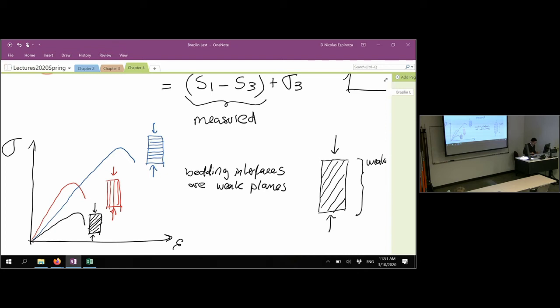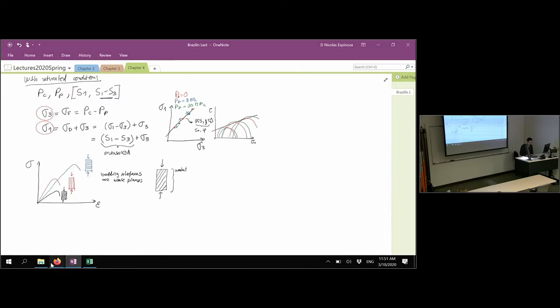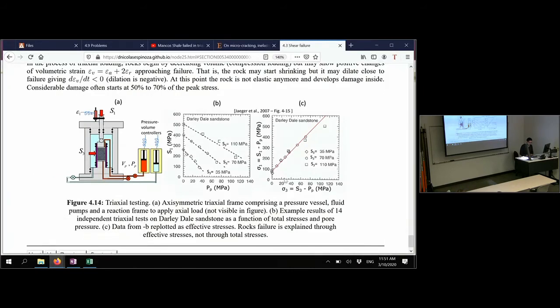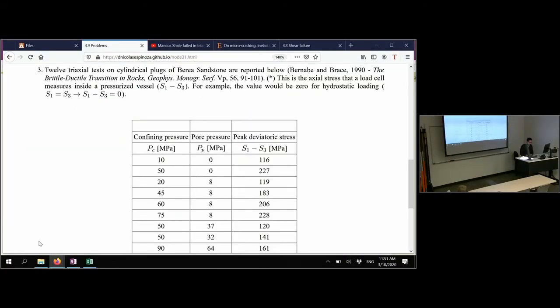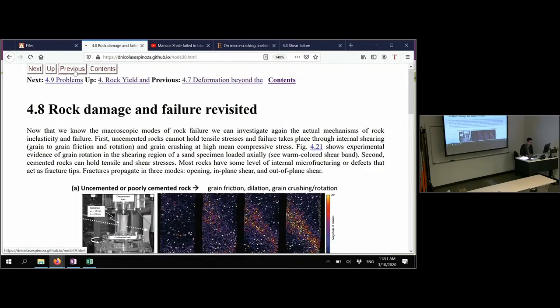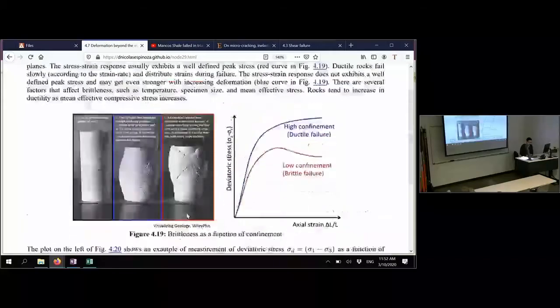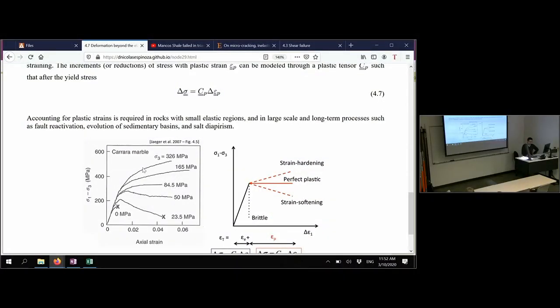And one more important thing I'm forgetting here is that this transition from brittle to ductile, which is right here, can be caused by stresses, but can also be caused by temperature.